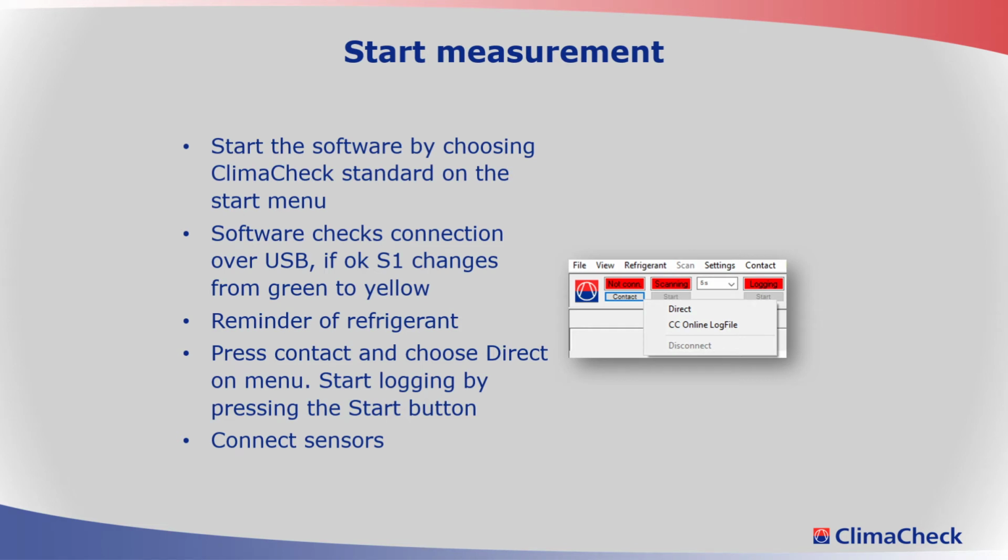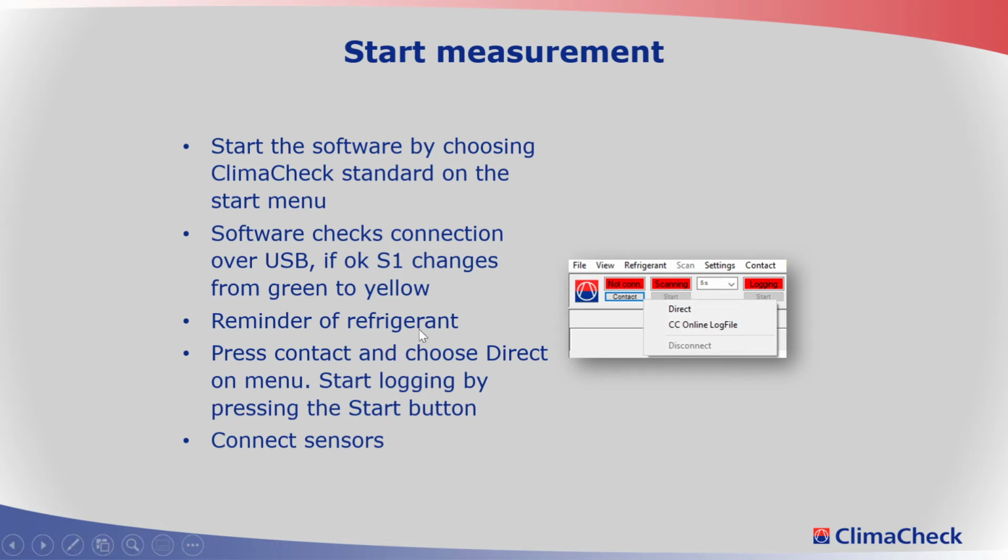So what we need to do, if we start with the ClimaCheck standard, then we already have one circuit system template and the data source. So in that case, you will need to connect the hardware, ClimaCheck on-site hardware, the PA Pro 3, to the laptop with a USB cable. You will also get a reminder of the refrigerant.